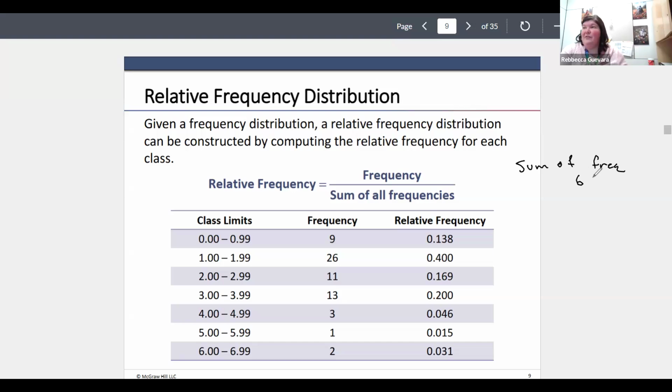And we have a sum of 65. So all we did here is just 9 divided by 65. And we get roughly about 0.138. So just remember, you're just dividing all of these by that 65.